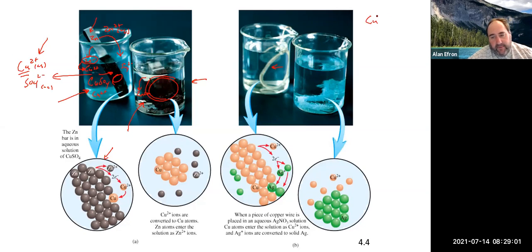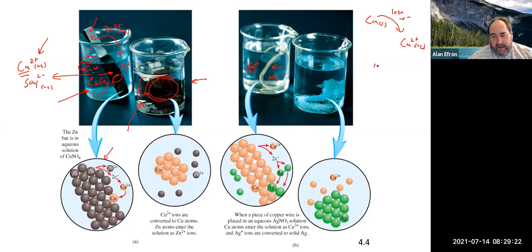And it's going to lose electrons, which means it's going to jump out of the solid state and into the aqueous state, into the solution. Things with charges are in the aqueous state. The result of that is that in the solution is a bunch of silver ions floating around with nitrate.